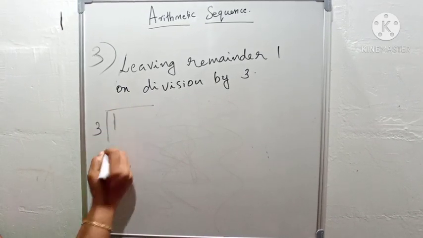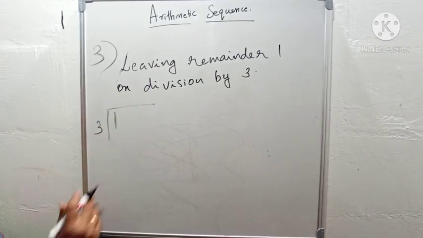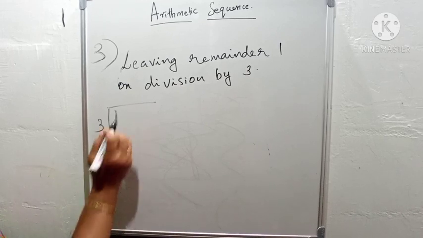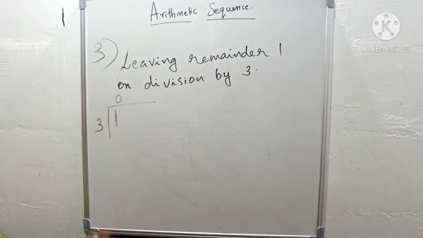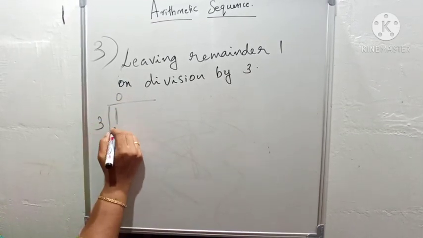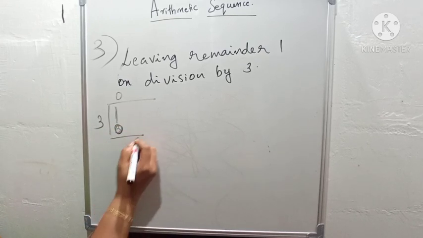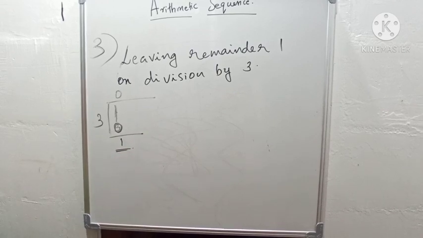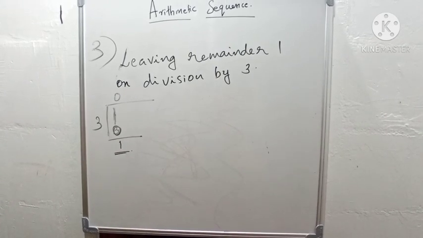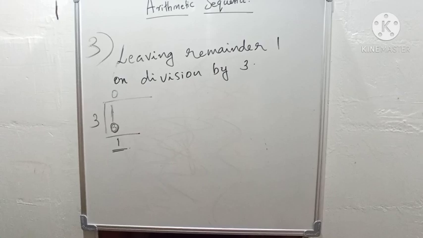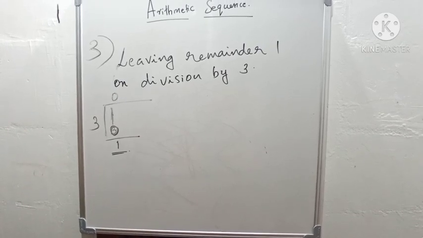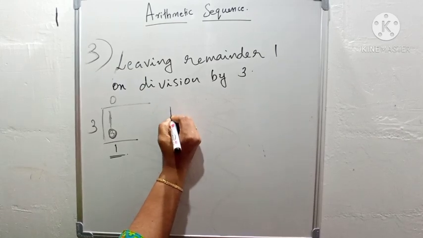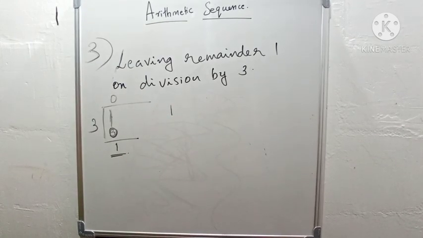How many times does 3 go into 1? 0 times, right? So 0 into 3 is equal to 0. Then 1 minus 0 is equal to 1. So 1 is the remainder. That is, if we divide 1 by 3, we get a remainder 1. Okay, so the first number in our sequence is 1.